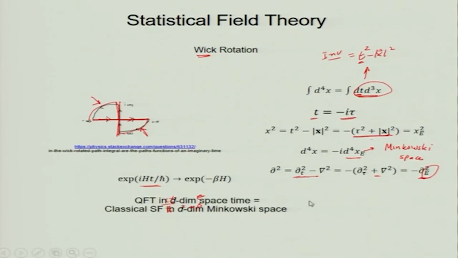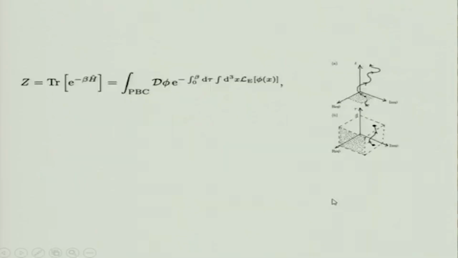Okay, so yes, this is the trick. This is a picture. Time is assumed to be periodic, so you make a box, and the bottom plane and top plane are periodic in time. I want to get rid of this time part.